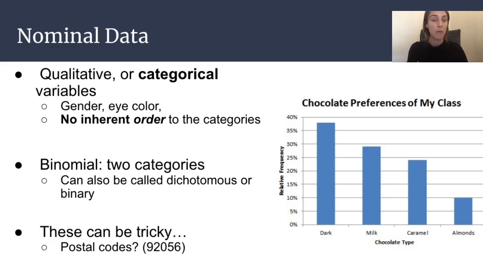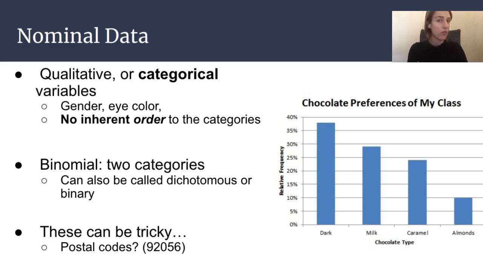We use binary coding to help us out. And then sometimes we have numbers masquerading as categories, all right? This is why nominal data can be a little bit tricky. Take a postal code, for example. Here's one listed here. This is a number, right? This is a value. Maybe you live in a postal code that's higher than this one.